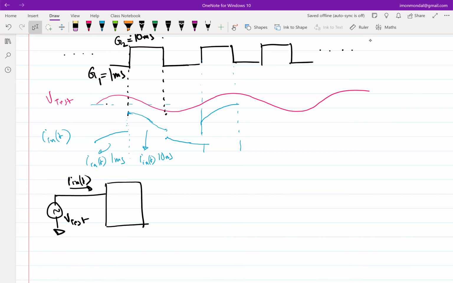Okay, so for that you require two waveforms. One sawtooth waveform. Sawtooth is also not very simple to generate, right?